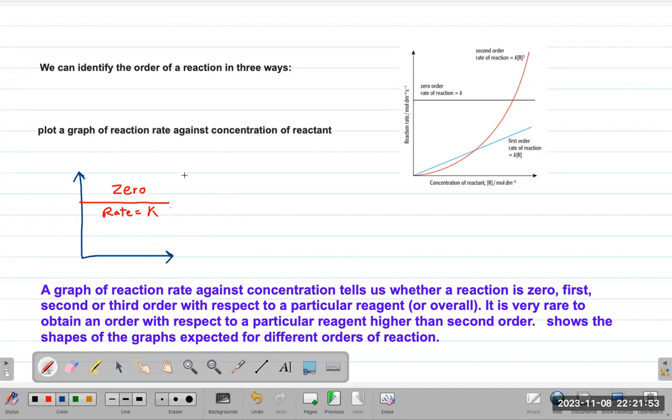What if it is a first order or second order reaction? If it is a first order reaction, then plotting the rate of the reaction versus the concentration of this reactant will give me a straight line. So the curve will be linear like that. So this means that this is first order.